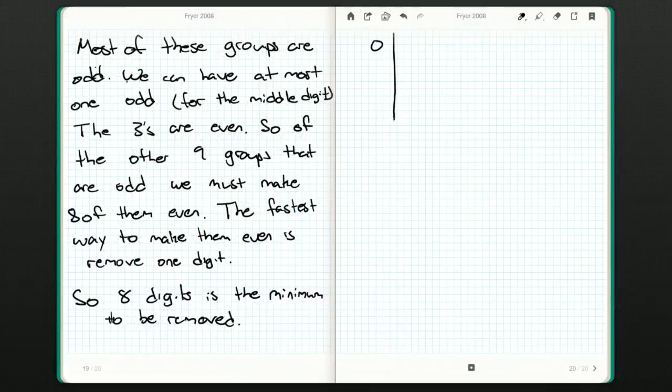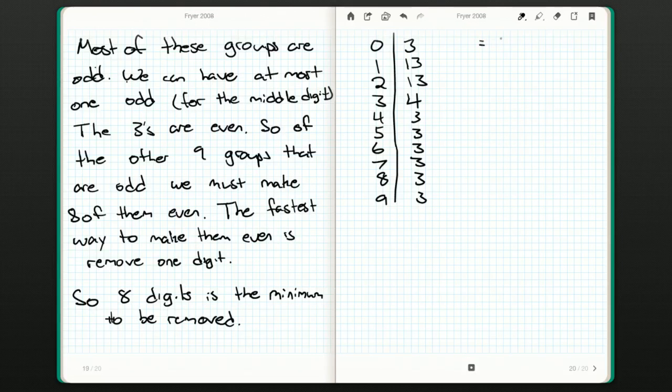Each of these groups had 3. So if we want to figure out the total sum that we have at the start, what's the total sum of the digits of X?